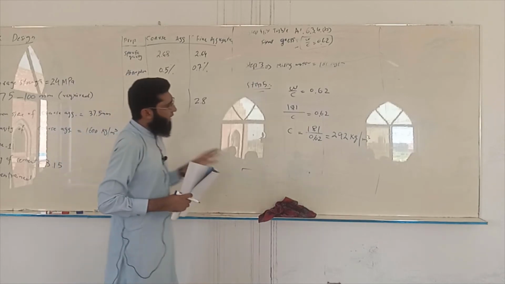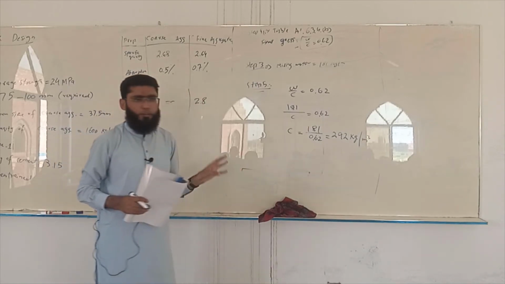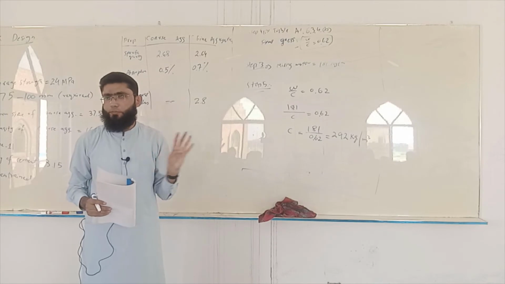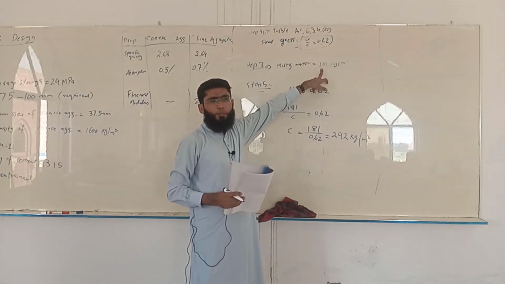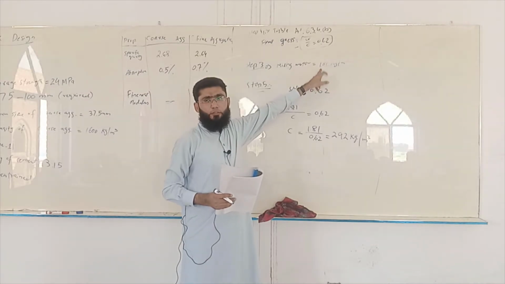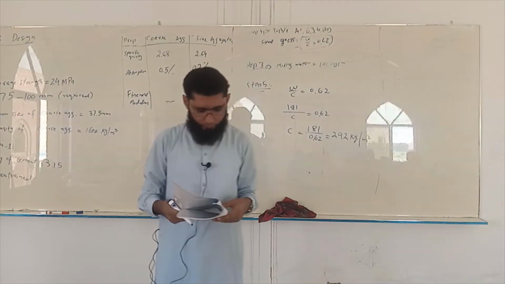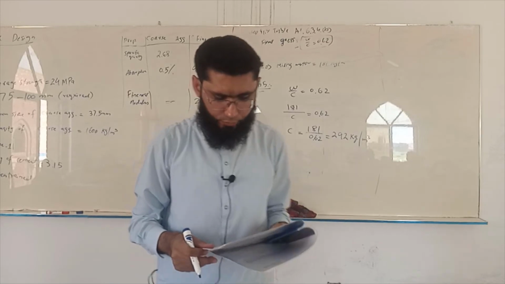So what has been decided so far? Cement and water. Cement 292 kg per meter cube, water 181 kg per meter cube. What else needs to be decided? Coarse and fine aggregates? Yes, sir.